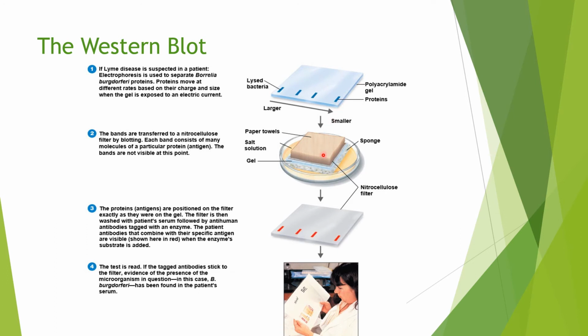And then what we want to do is transfer those proteins, those protein bands that you're seeing right here on this gel, over to a membrane. We usually use a nitrocellulose membrane because it has high affinity to proteins.